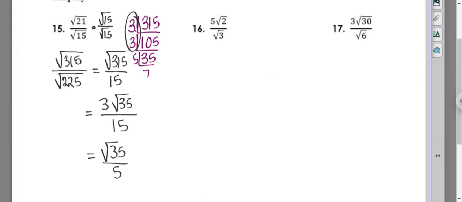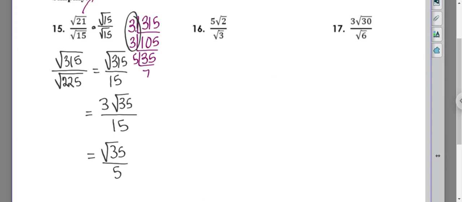Could I have simplified the 21 and 15 by 3 at the beginning? Yes. Because they are both under the radical. So those kind of things to watch out for as we're working with that.